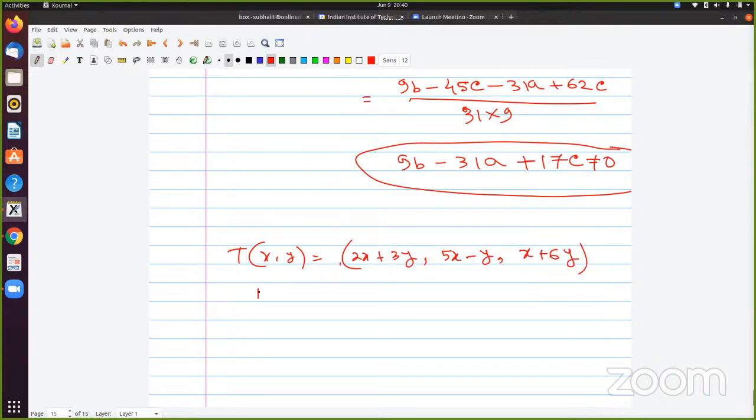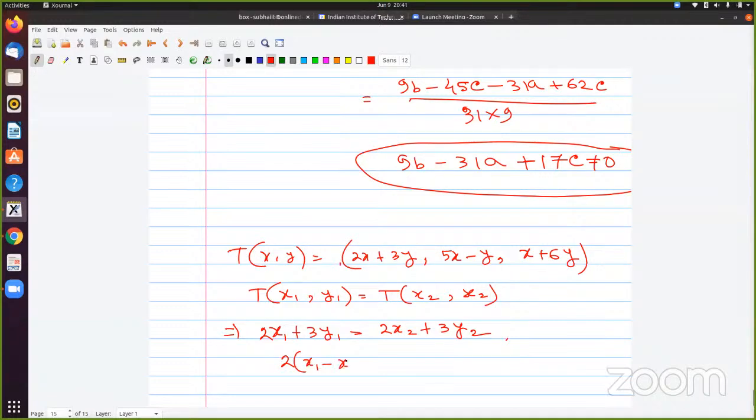So what you have to check is this one, right? Has anyone checked it? I tried it. Basically, I put 2x1 plus 3y1 is equal to 2x2 plus 3y2. That gives 2 into (x1 minus x2) is equal to 3 into (y2 minus y1). The second one resolves to y1 minus y2 is equal to 5 into (x1 minus x2).